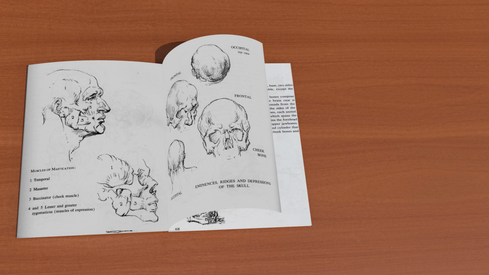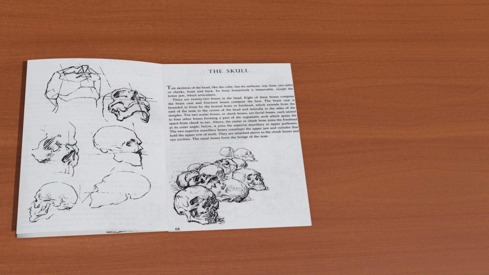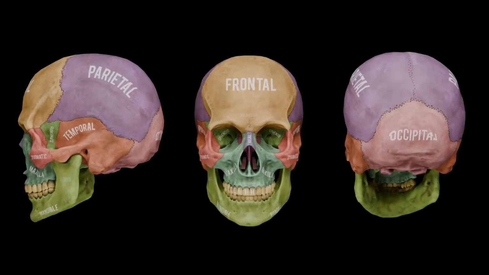Section 1 of this chapter is on the skull. So in the first part of the head and neck section, he's describing the shapes of the skull, and he's talking about the body of the skull and then the jaw in addition to that.